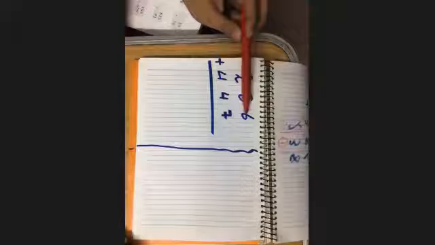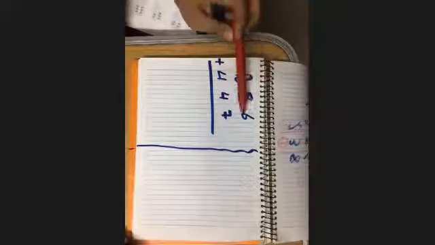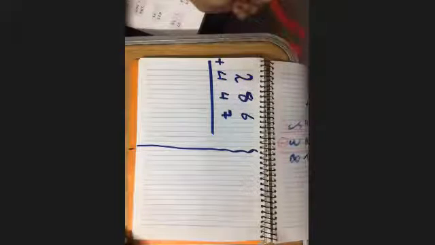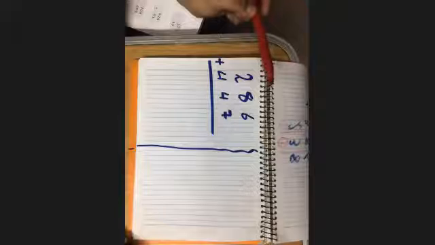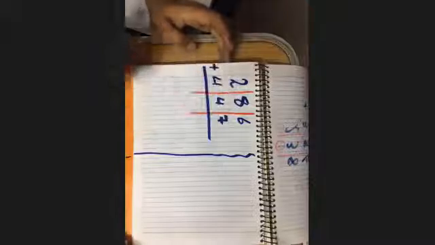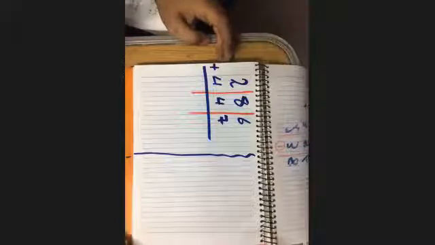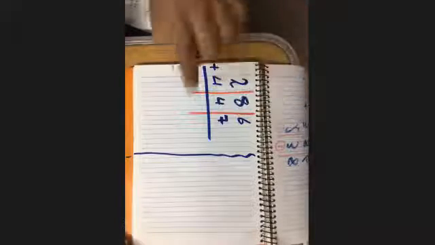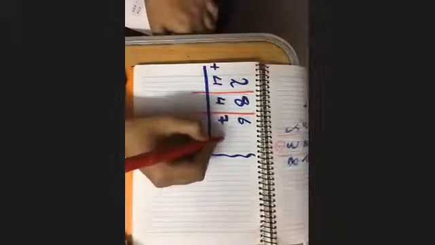We will add 6 and 7. But please use your ruler to make this line, to make it easy for you. This line will make the example easy, okay? Now we need to add 6 and 7. 6 and 7 equal 13. Write 13 here.